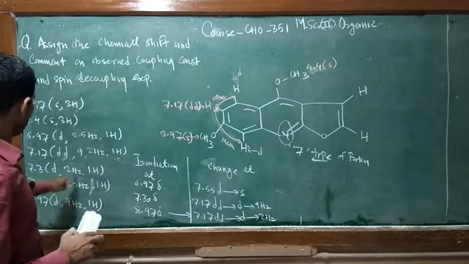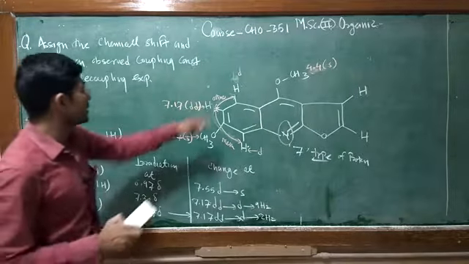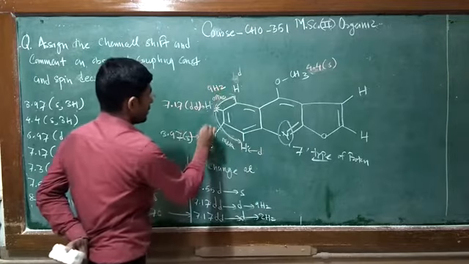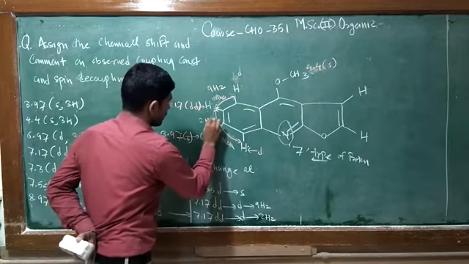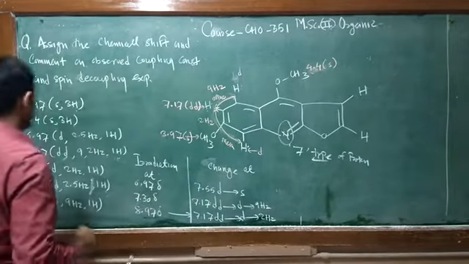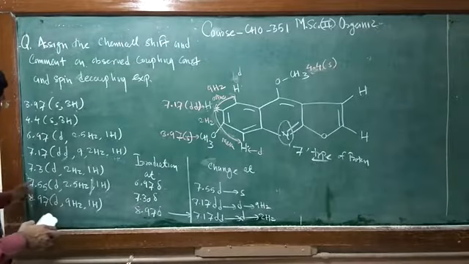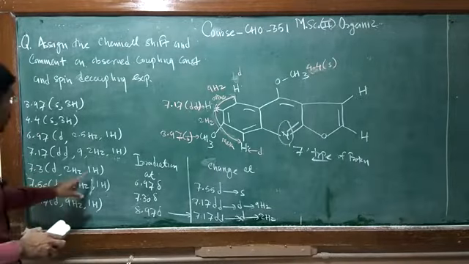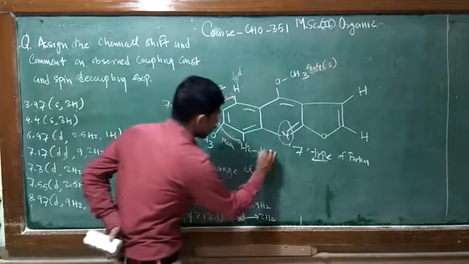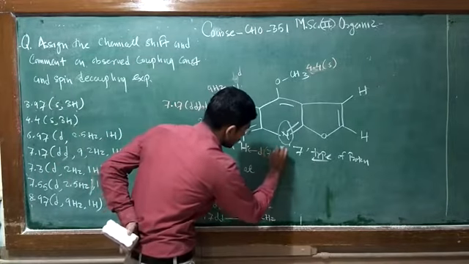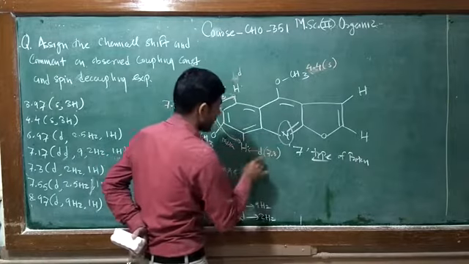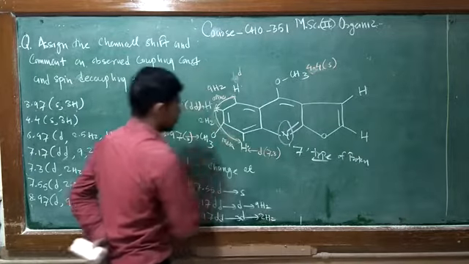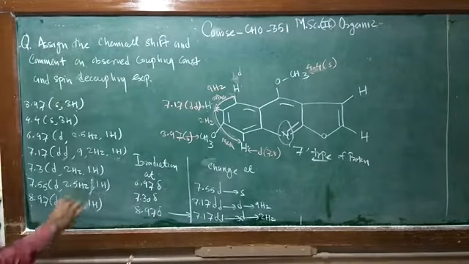Then 7.3 with meta coupling. 9 Hertz is ortho coupling, and 2 Hertz is meta coupling. So 7.3 doublet 2 Hertz means this proton at 7.3 delta, ppm, doublet means meta coupling with 2 Hertz.